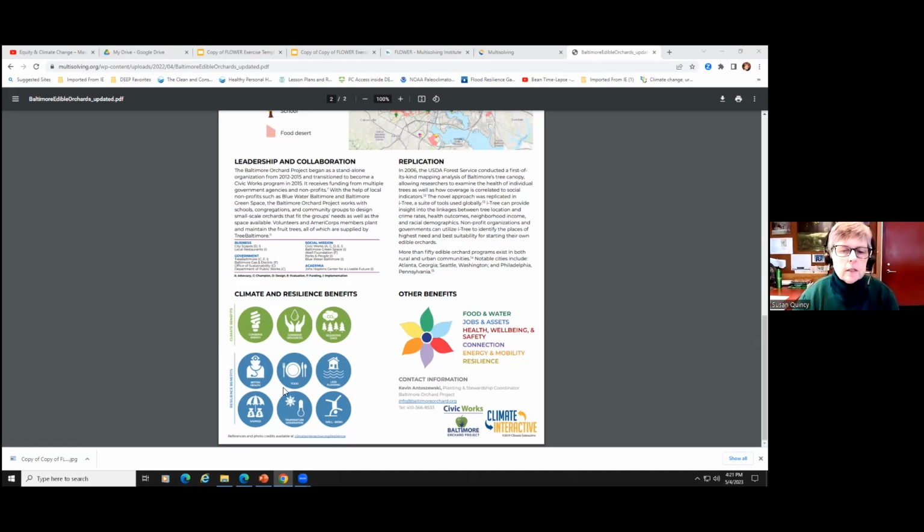So there are the resiliency actions, and then there are climate benefits. That's what we're looking for: whatever action your students might be looking at and working on as their project that they would be presenting, evaluate what else is going to benefit in that area.